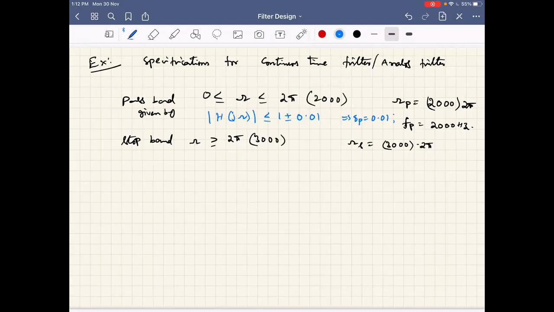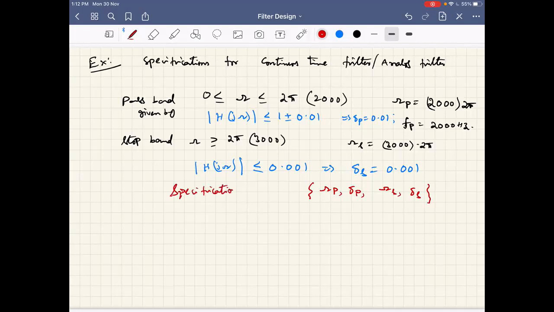And the magnitude of h of j omega in the stop band is less than or equal to 0.001. That implies delta s is given as 0.001. So these are the specifications given. So we have all 4 specifications: omega p, delta p, omega s, and delta s, the specifications of the analog filter.